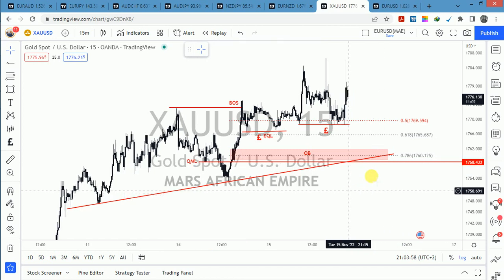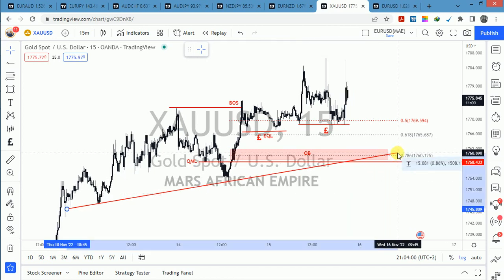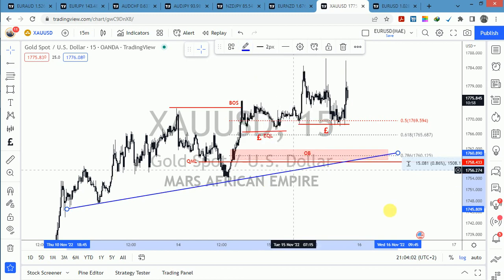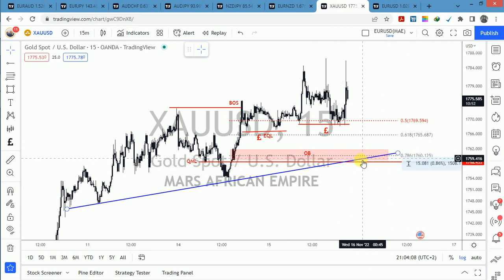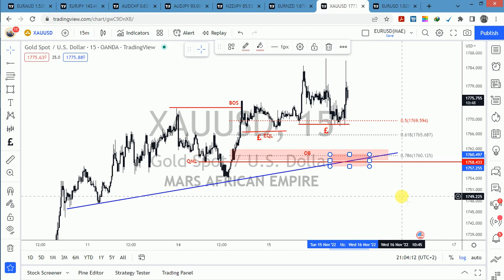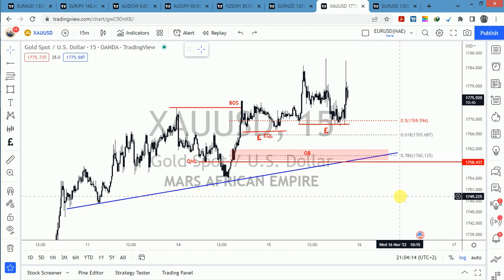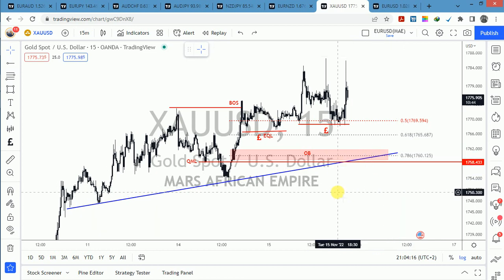Okay, and then a trend line. Let's go blue on the trend line. So there is an order block, Fibonacci, QML, and the trend line. So basically, this is a hot zone. There's a confluence of aspects. We'll be hoping to buy this pair along one of the concepts here.